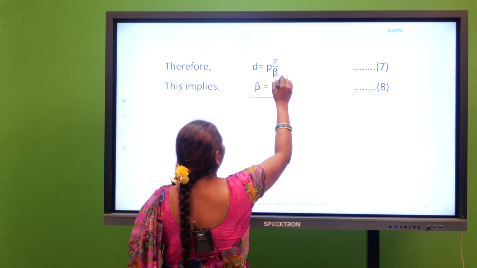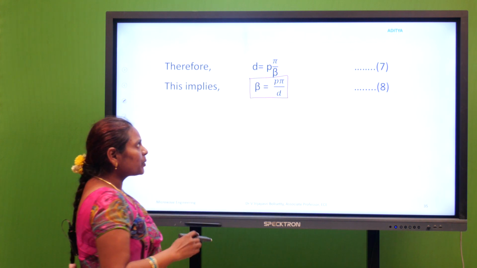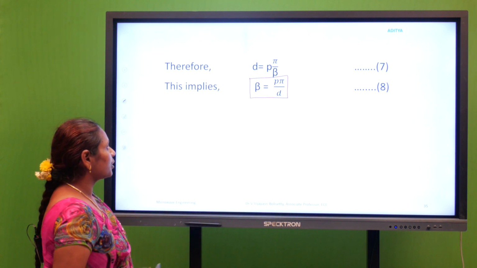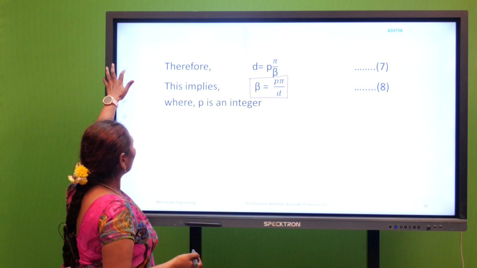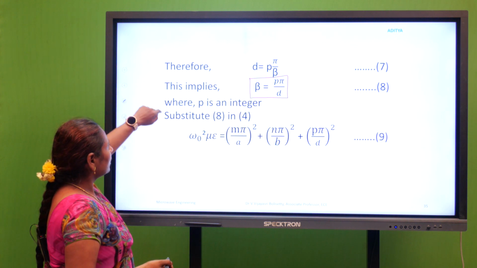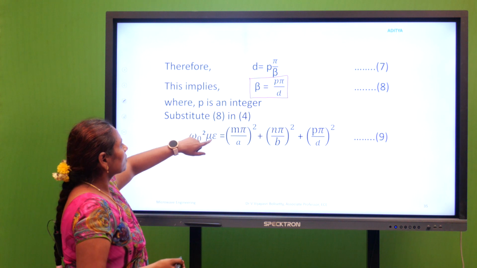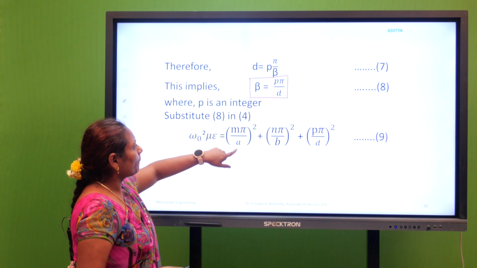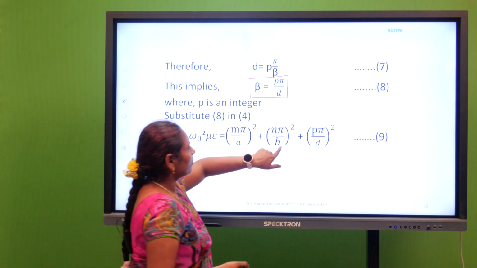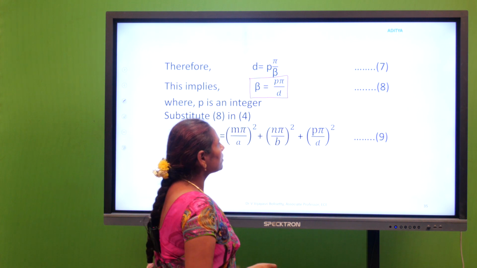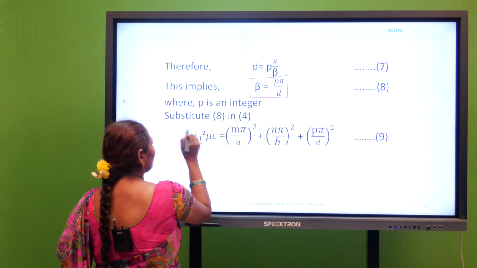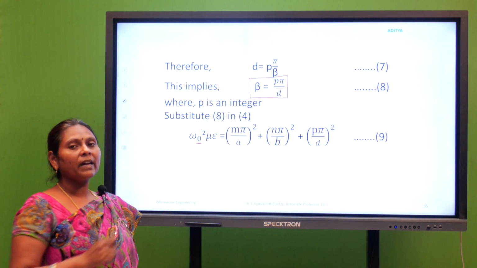This beta is equal to p pi by d, we can substitute in our frequency relation, that is equation 4. If I substitute, then we get omega square mu epsilon is equal to m pi by a whole square plus n pi by b whole square plus p pi by d whole square. Here we have replaced omega as omega naught.